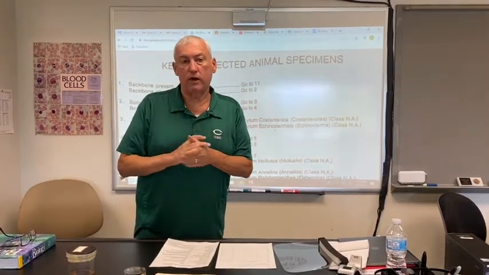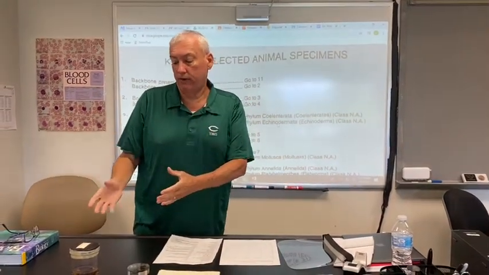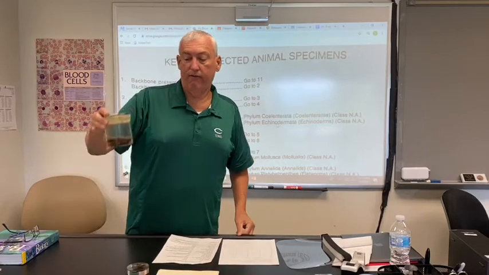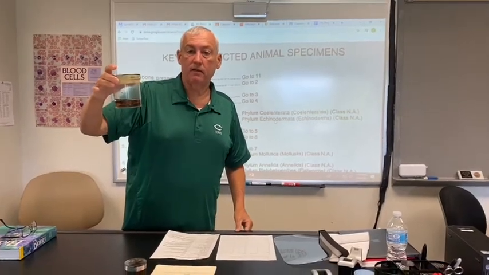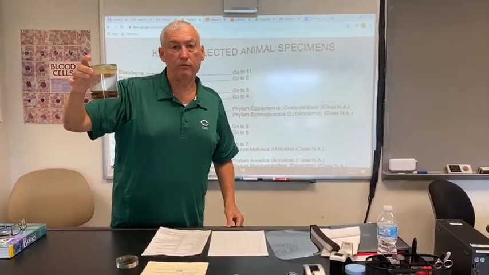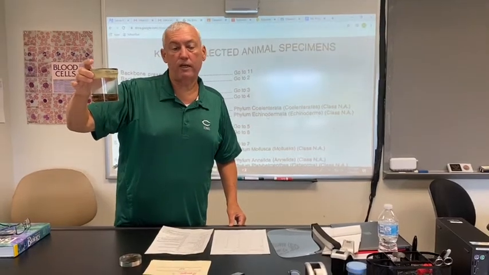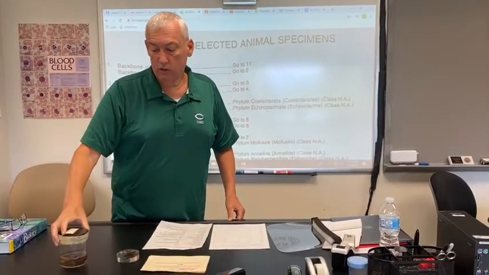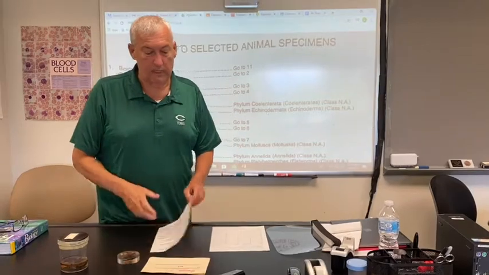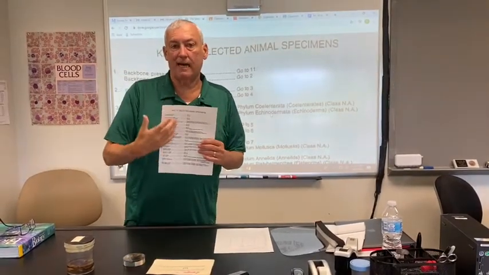How are we going to figure out the phylum and class for the fruit bat? We already know that they're animals. So how do we figure it out? It's real easy. We use our dichotomous key.